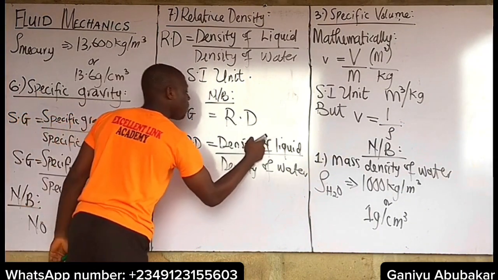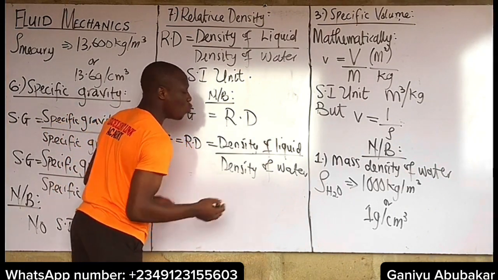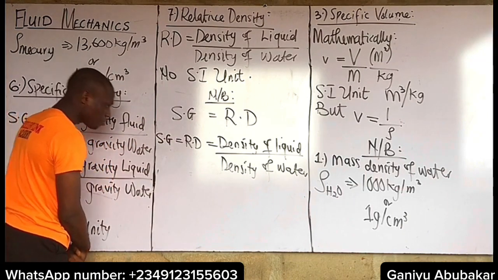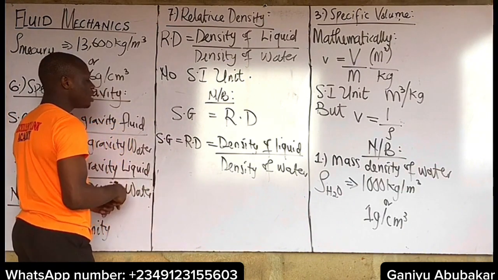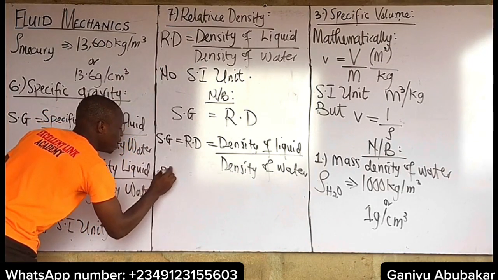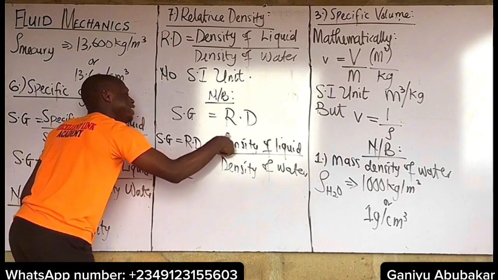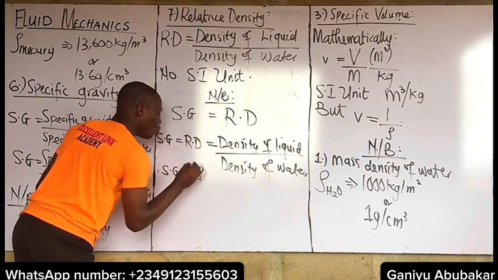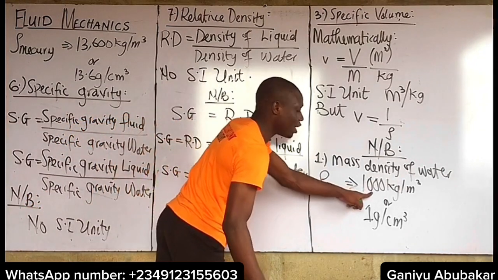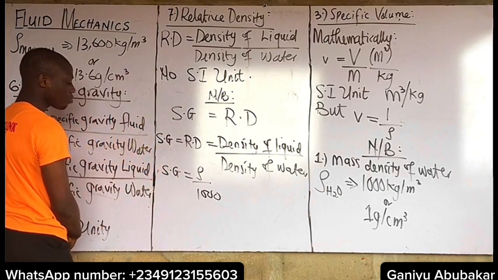So permit me to make density of liquid as rho. If I want to use specific gravity Sg, it is equal to density of liquid, which is rho, the mass density, over density of water, that's 1000.